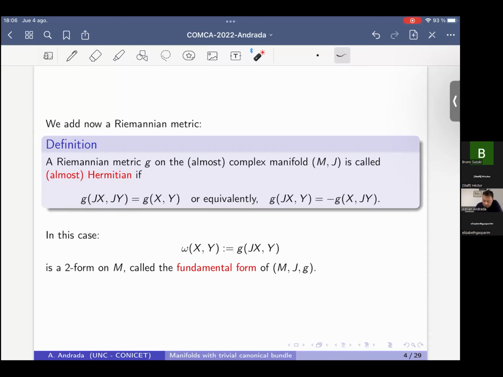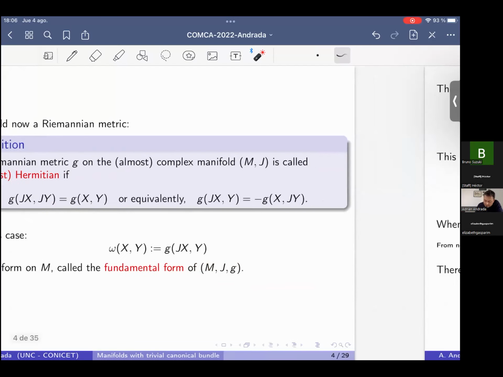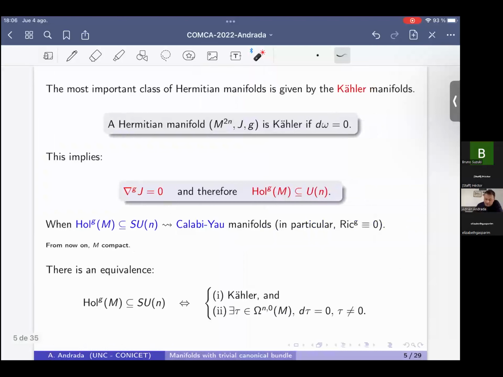Well, as I said, any complex manifold admits Riemannian metrics which are compatible, Hermitian metrics, and many of them, indeed. But the idea is to try to find one of them which is nicer or better than the others. And there is one very famous structure which receives the following name.